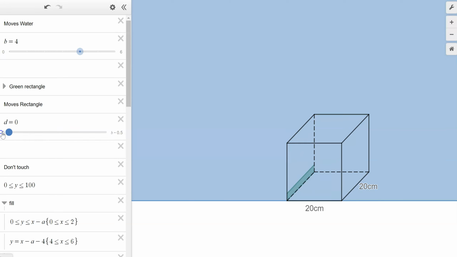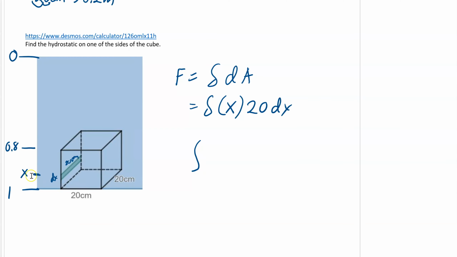Where's the lowest that we're going to go? It's at the bottom, so that's 1 meter. And where's the highest our rectangle is going to go? It's at the top of the cube, which was 0.8. So our x is going to move from 0.8 to 1. Then we use our delta, and then 20x dx, and we plug it into our calculator.